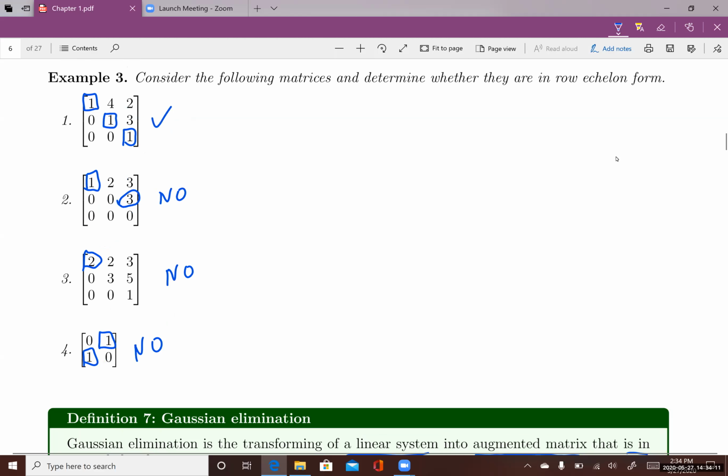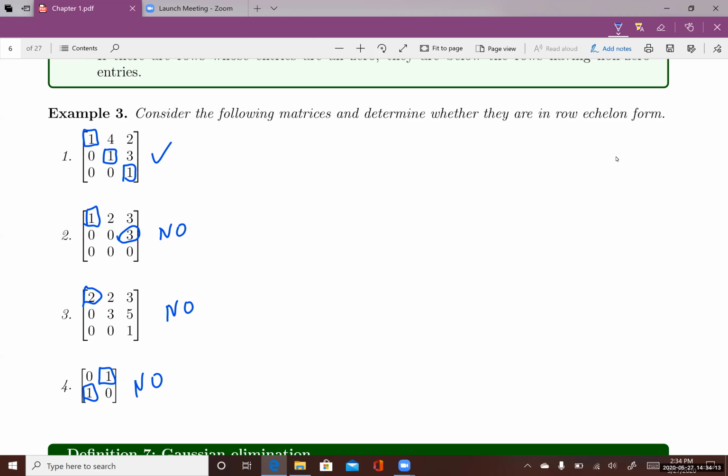Now, if we look at these examples here, the 3 matrices that are not in the row echelon form, can we transform them into the row echelon form? For the second matrix, the first row is in good condition, and the last row is just the 0 row, which is at the bottom, which is good, but then the second row needs to be fixed, right?